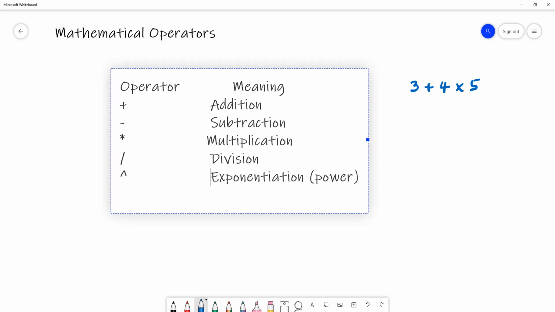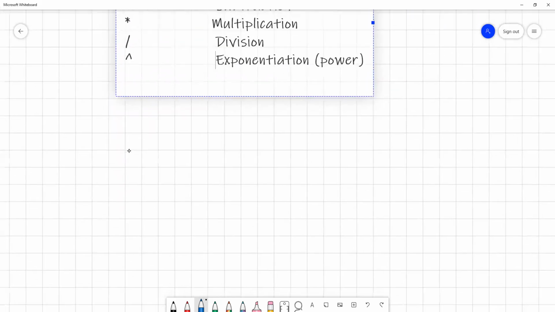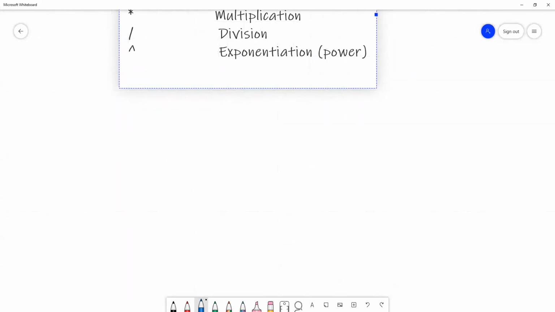So remember, when you have two operators like this, in this particular case addition and multiplication, you have to perform multiplication first, right? So that means first you simplify multiplication, then you perform addition. So this is called precedence, isn't it? That matters in Excel as well, right?